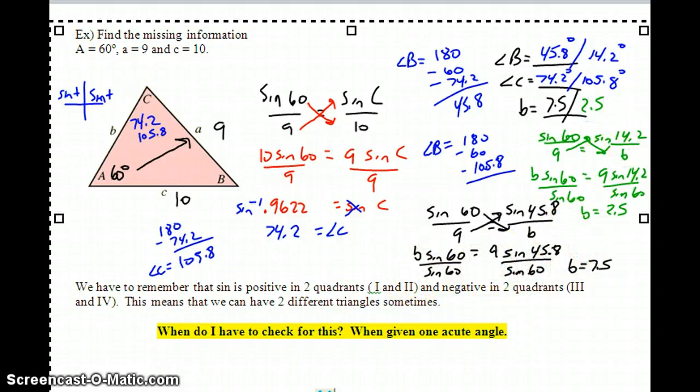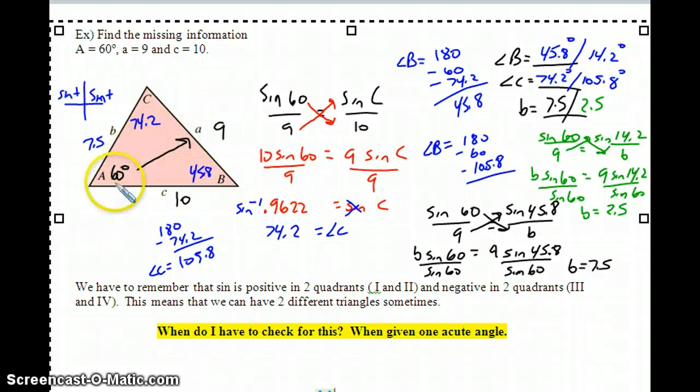So again, let's check to see that this works out. First off, I use the 74.2, then B would be 45.8, and this side B would be 7.5. Largest angle across from largest side, so that would be for the C's, good. Smallest angle, which would be B, smallest side, good.